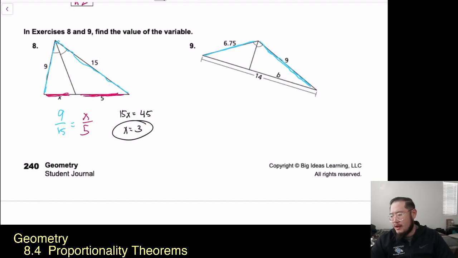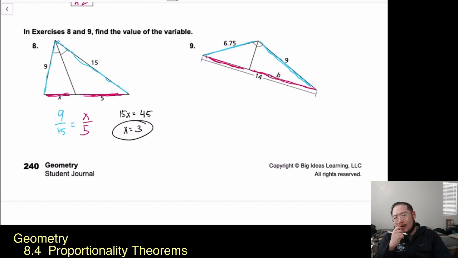Well, one thing I do know is that one of the segments is B. What I typically need to know is how long the other segment is in my proportion. Well, since they didn't tell us what that segment is, I'm going to have to come up with an expression that represents that. And what was that expression? You've done stuff like this in Algebra 1.